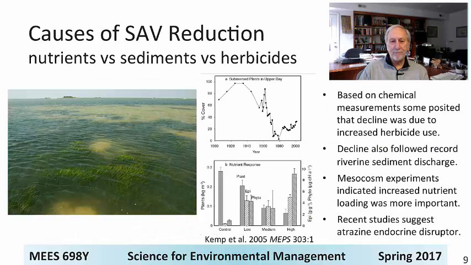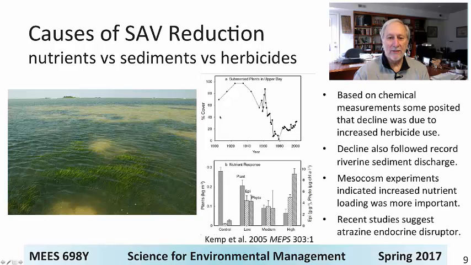So we all know that submerged aquatic vegetation has been reduced in the Chesapeake, and that's one of our objectives, why you want clearer water or you want fewer nutrients coming into the bay. But the cause of this was actually quite controversial initially.